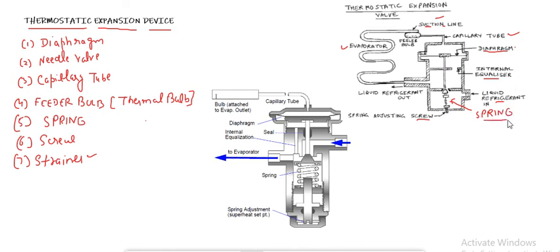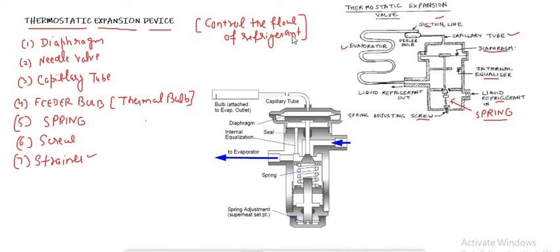Now if I talk about the working of it, what does the thermostatic expansion valve do? It controls the flow of refrigerant to the evaporator. All the expansion devices used in different types of systems have the aim to control the flow of refrigerant and to decrease its pressure.